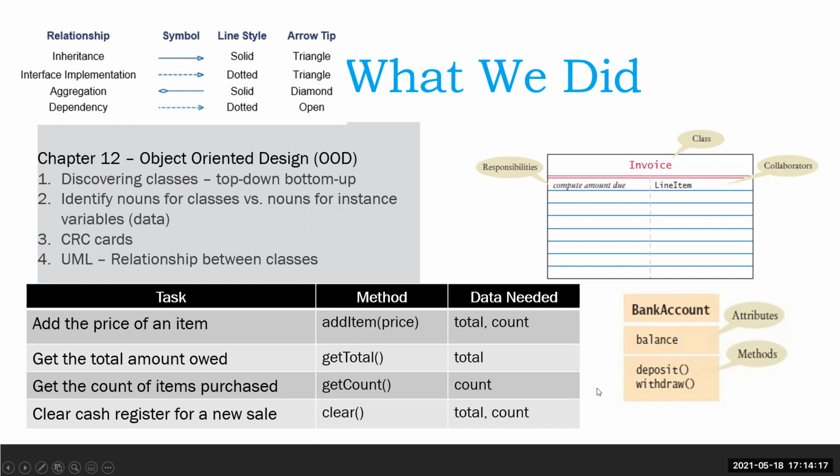So when you're done with your bottom up and when you're done with your top down, you would have two lists of classes. If your two lists are exactly the same, that means you're doing one of them wrong. Most of the time, you're doing the bottom up wrong. Remember, bottom up means all the nouns in your document have to be listed.